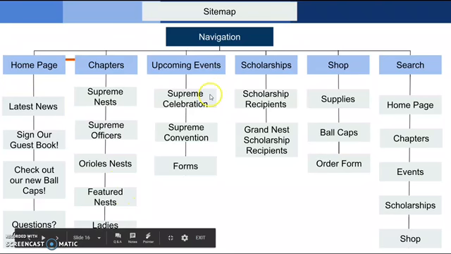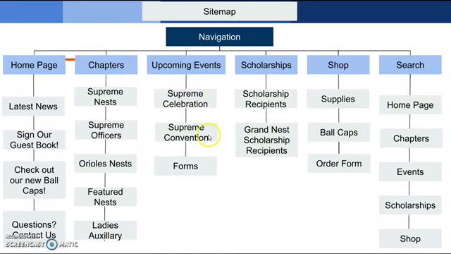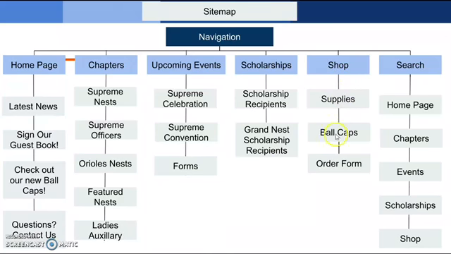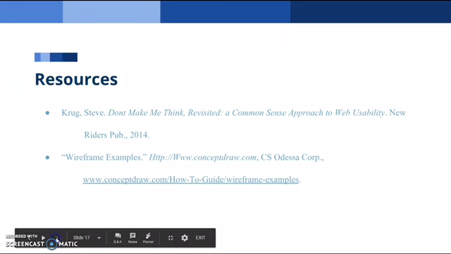Upcoming events would be Supreme Celebration, Supreme Convention, and Forms. Scholarships would include scholarship recipients and Grand Nest scholarship recipients. Shop would be supplies, ball caps, and order forms, and search bar would contain all navigation.